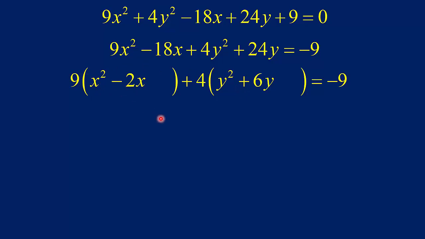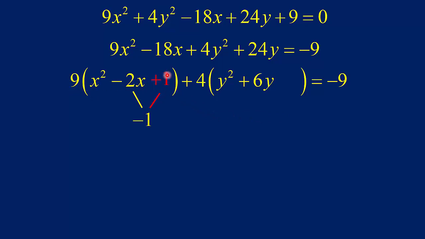Now once we do that, we take half of the x coefficient, which is -1, and we square it and add it into this parentheses. Now I can't just add something to this side of the equation without adding it over here. But before I add a +1 over here, I need to consider what I've really done on this side.